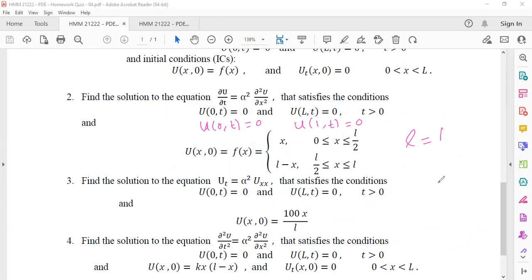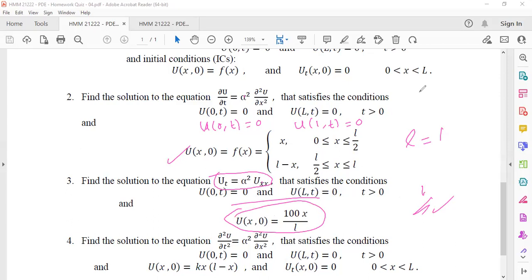So wherever L comes, you have to substitute L equal to 1. That's very easy. Try yourself. This is also the same, also Dirichlet. This kind of question may come in your continuous assessment or even the semester.